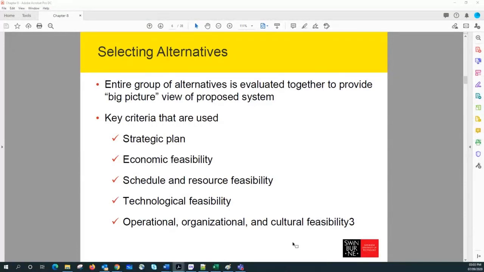And then of course finally operational, organizational, cultural feasibilities. Because as I mentioned before, replacing a system with a new system is a change in the business processes, which involves a higher risk, right? So that risk has to be managed, right?